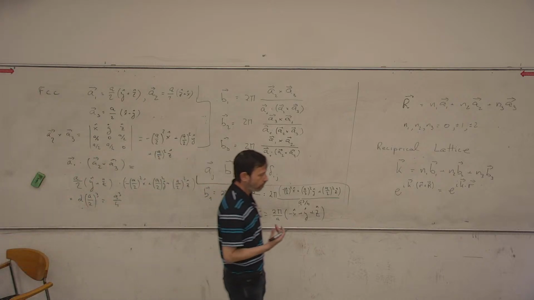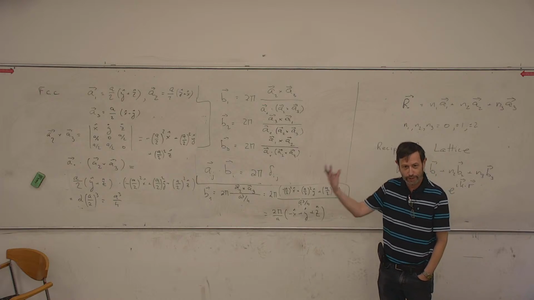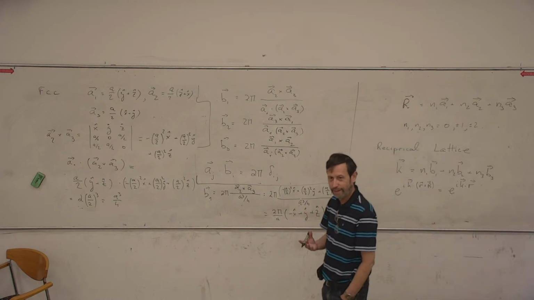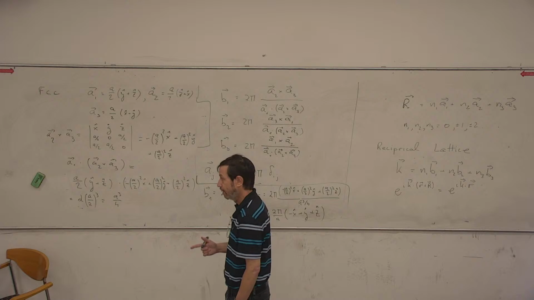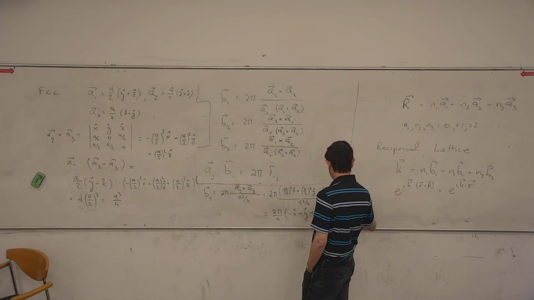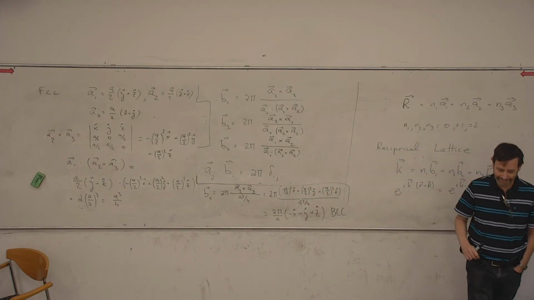So the reciprocal lattice doesn't have to have the same structure as the original one. We had it for simple cubic, but it's not generally true. So, BCC, please complete at home B2 and B3.